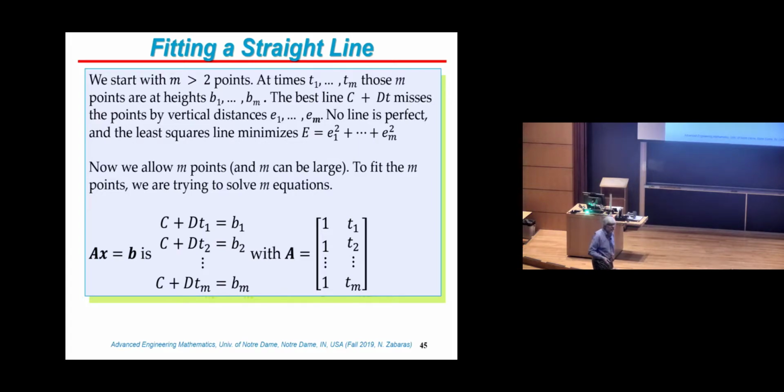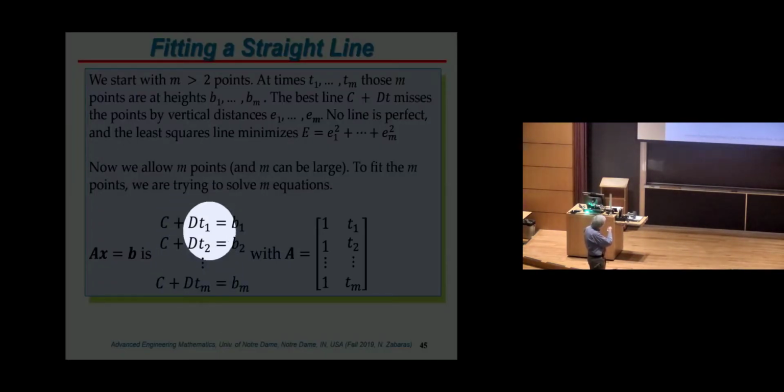So how will you do this? What would be the most elementary way based on least squares? You're going to try to minimize which error? Look at these equations and tell me what error are you going to try to minimize to compute C and D?